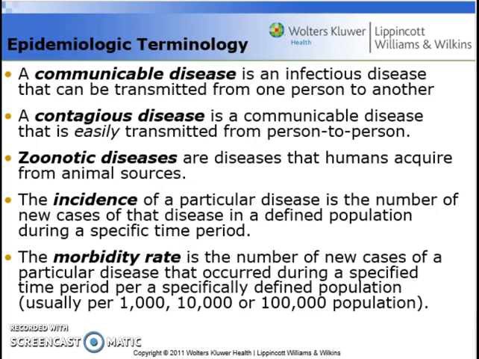A contagious disease is when you have a communicable disease that's highly and easily transmitted from person to person. So the key difference is the ease of the transmission between the infected patient and the non-infected patient. A zoonotic disease is a disease that individuals or patients acquire from animals.